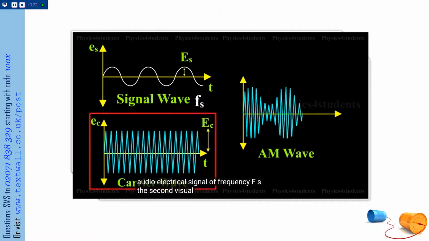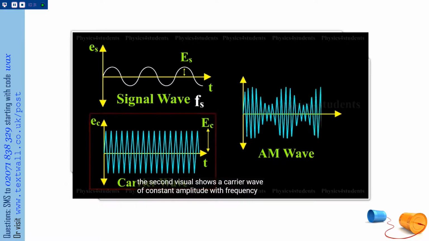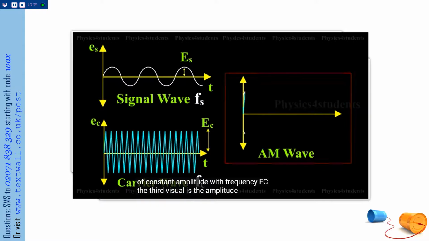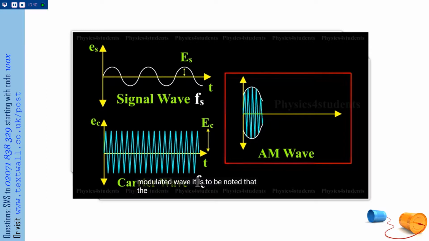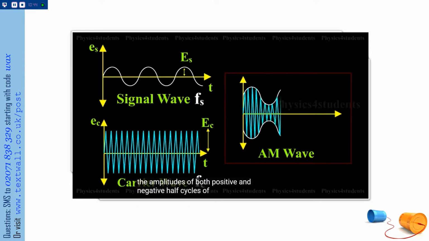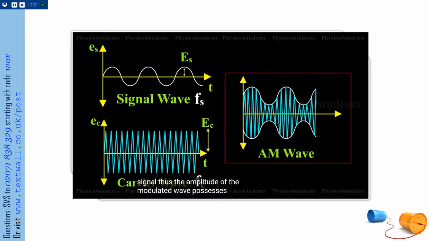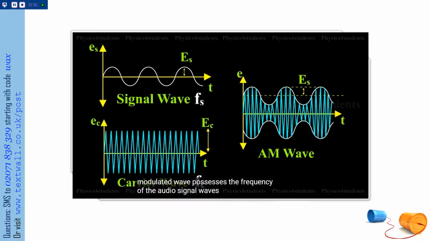The second visual shows a carrier wave of constant amplitude with frequency Fc. The third visual is the amplitude modulated wave. It is to be noted that the amplitudes of both positive and negative half cycles of the carrier wave are changed in accordance with the signal. Thus, the amplitude of the modulated wave possesses the frequency of the audio signal waves.